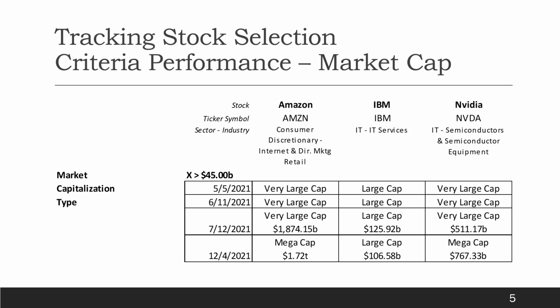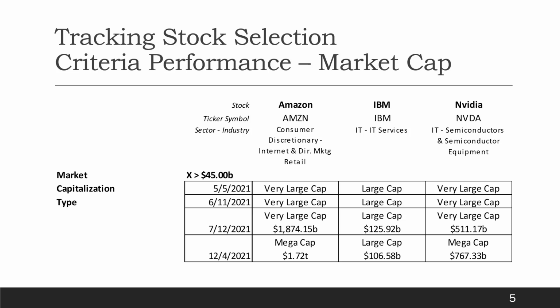Across the top, our stocks are listed with their ticker symbol, sector, and industry. The blockchain stocks selected so far, Amazon, IBM, and NVIDIA, were not all in the same sector nor in the same industry.